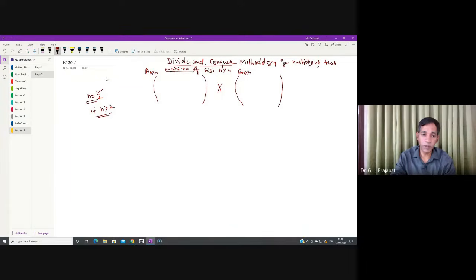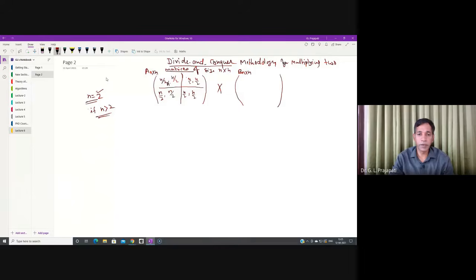If n is more than 2, then we can divide the matrix at the midpoint, so we will have n by 2 by n by 2 matrices.